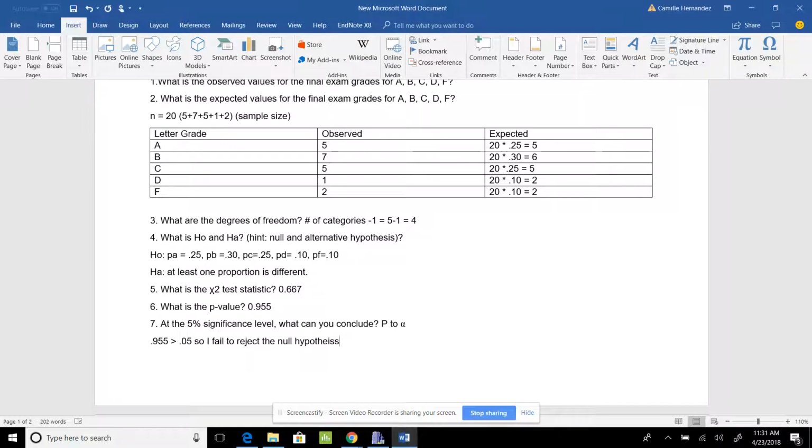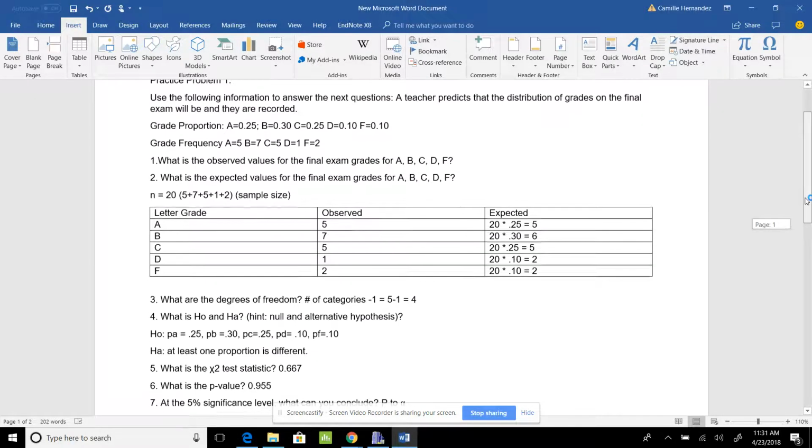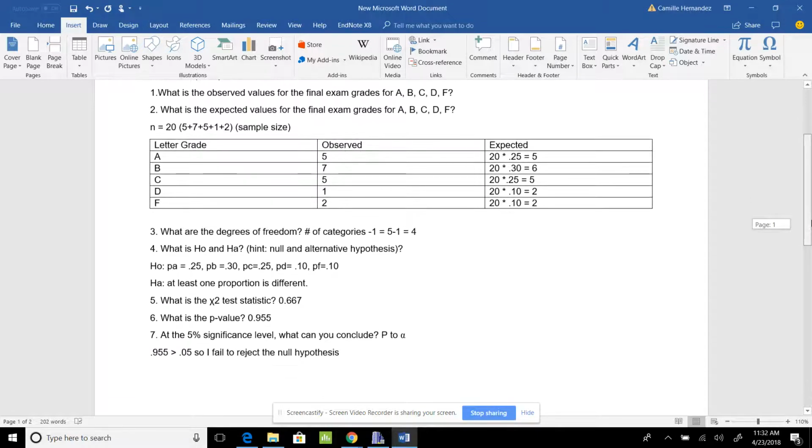So what does that mean? That means I'm saying these proportions for the distribution are correct. They might not be exact, but they're pretty close.